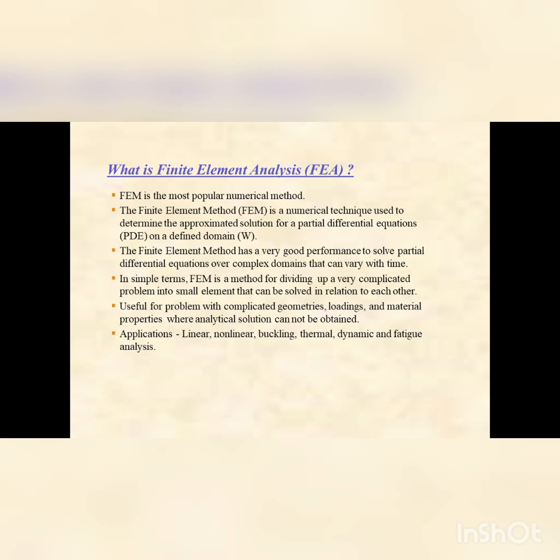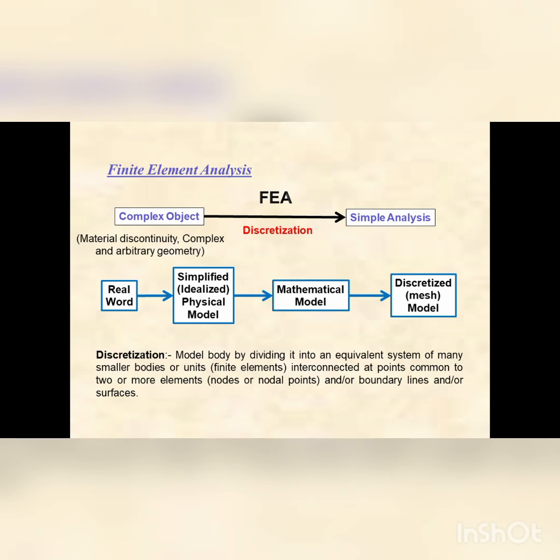The figure shows the finite element analysis, how a complex object becomes simple. FEA is none other than discretization. Discretization is dividing the model body into an equivalent system of many smaller bodies or units, interconnected at points common to two or more elements and or boundary lines and surfaces.